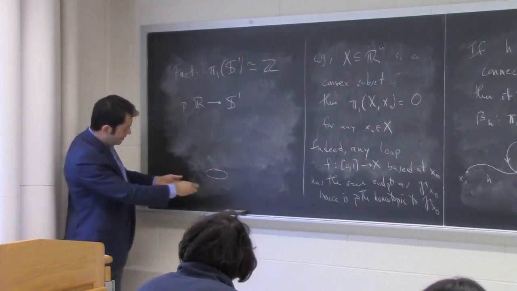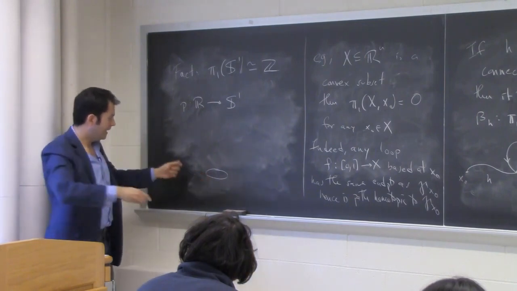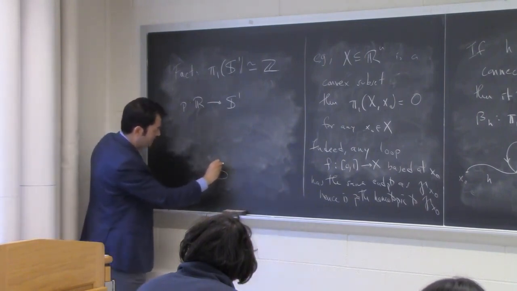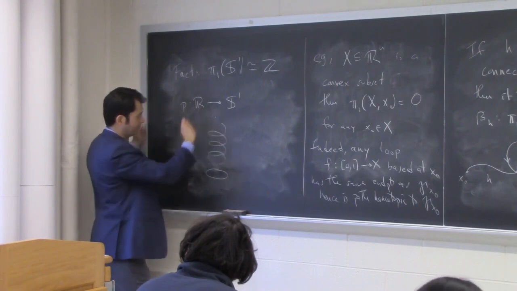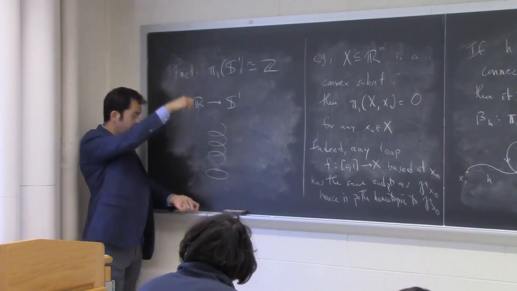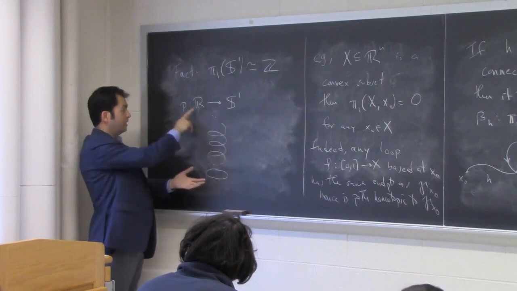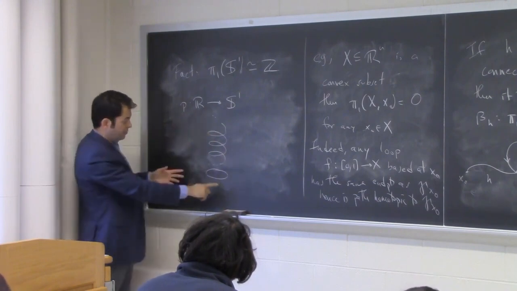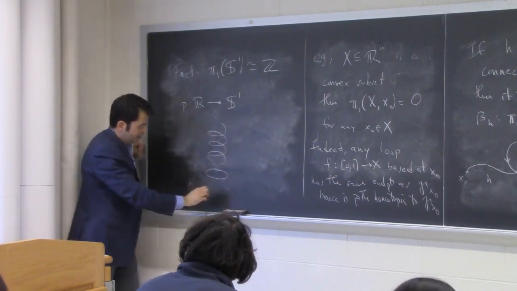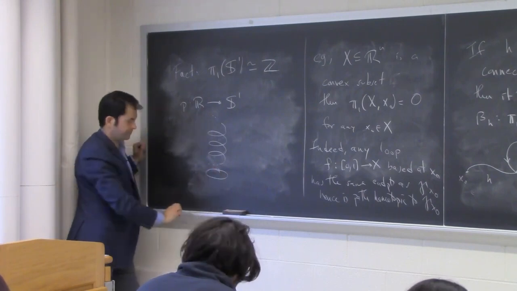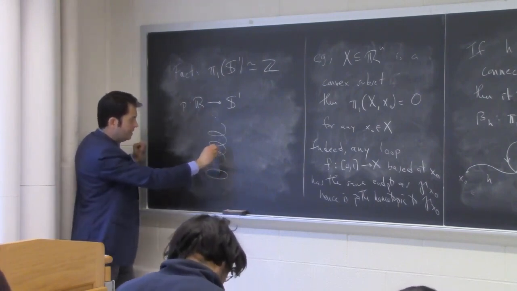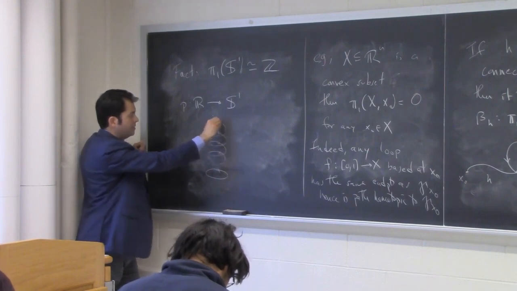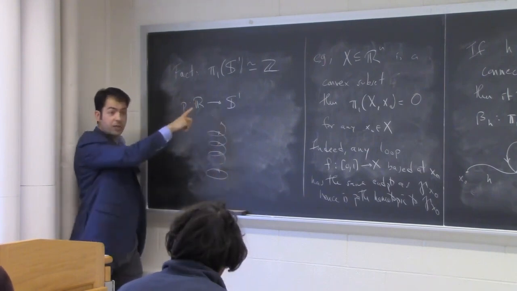Right? And then you pull it out, and what you end up with is a helix. Right? And if you had an infinite cord, then that's what you would get, the whole real line lying above the circle. And every point on the circle has an infinite set of preimages sitting above it.